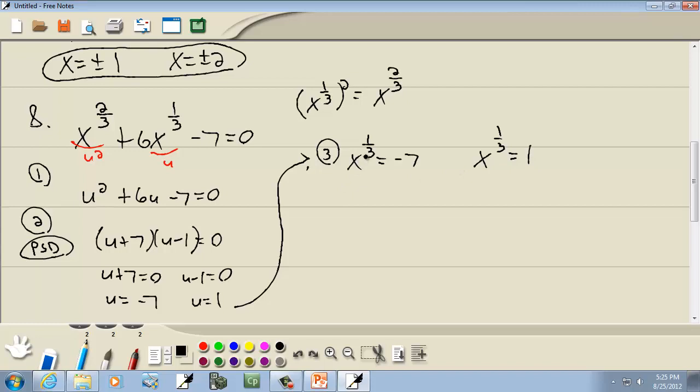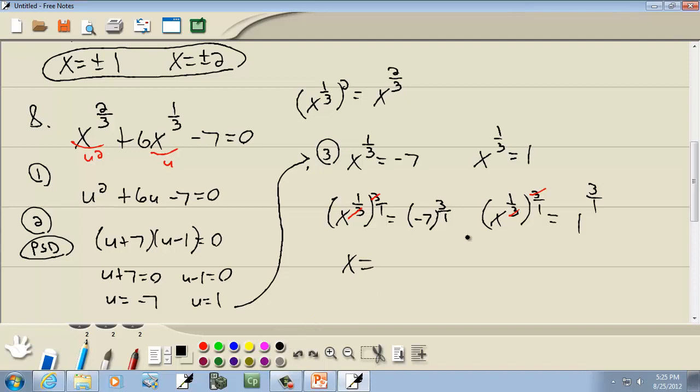Now I'm going to raise both sides to a power equal to the reciprocal of that. So this will be x to the 1/3, and I'll raise it to the 3/1 power. And I'll raise this to the 3/1 power. This one I'll raise to the 3/1 power, and I'll raise the 1 to the 3/1 power. Now here the 3's cancel, and here the 3's will cancel.